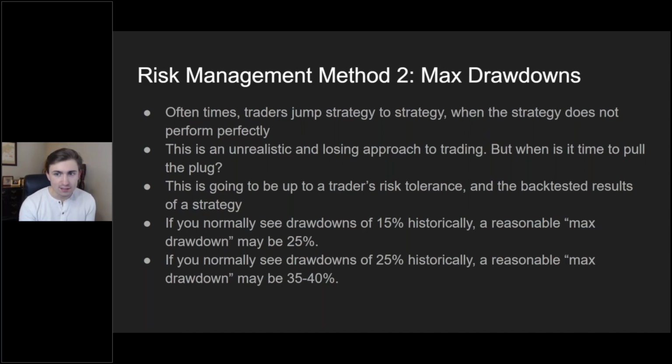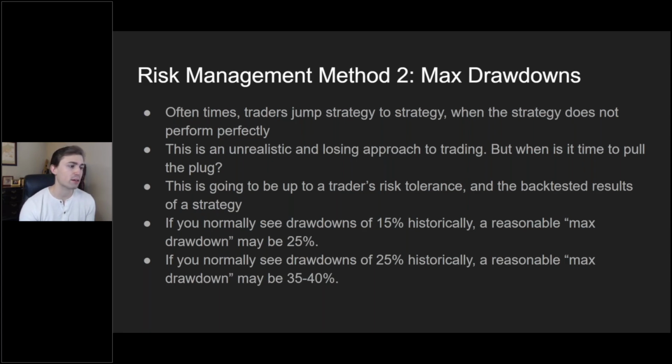In your back tests, let's say you normally see drawdowns of about 15% historically. That's like an average drawdown for your trading. A reasonable max drawdown might be to say, hey, if it gets to 25%, that's breaking the norm of what I would expect historically.